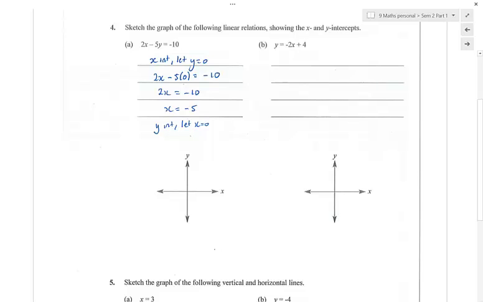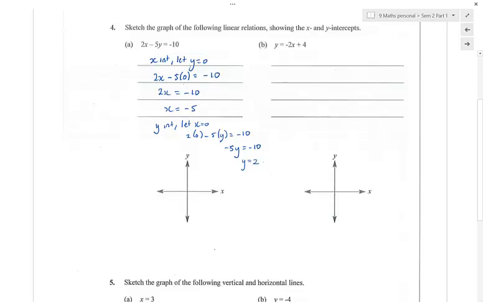So we've got 2 times 0 minus 5 times y is equal to minus 10. So minus 5y is equal to minus 10. Dividing both sides by minus 5, that gives me y is equal to positive 2.